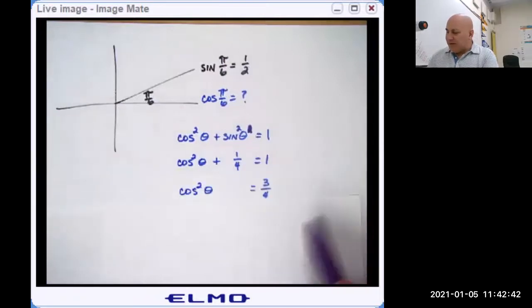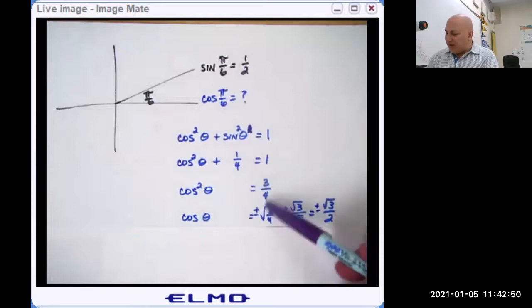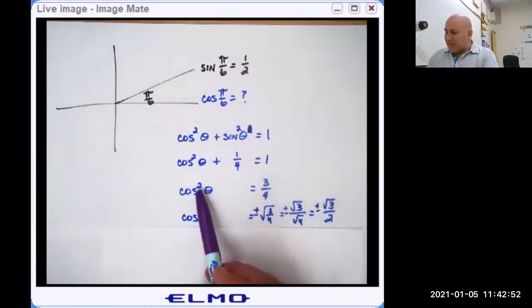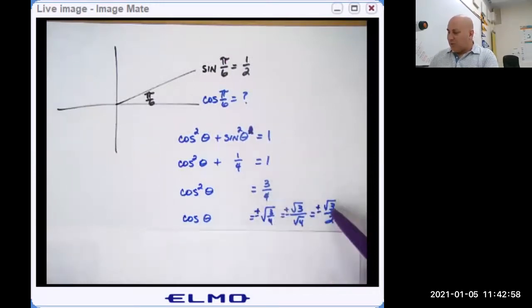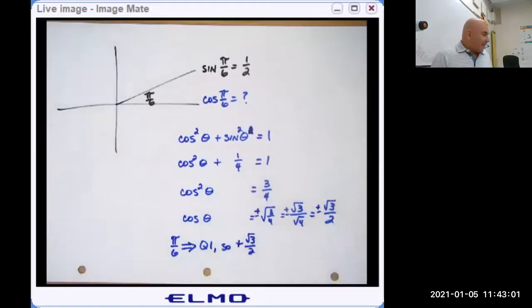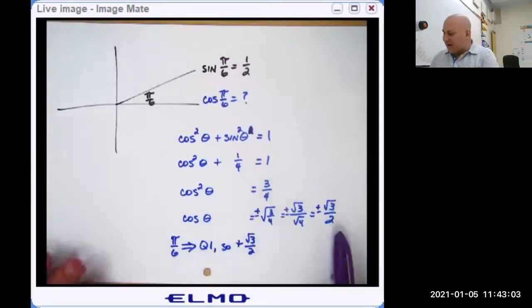So cosine squared theta is 3/4. What's cosine theta equal to? Remember that if that's squared, it could be plus or minus the square root of 3/4, which is root 3 over 2. Don't forget that possible minus sign.